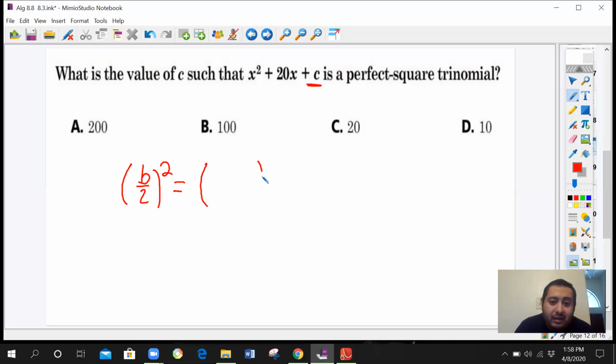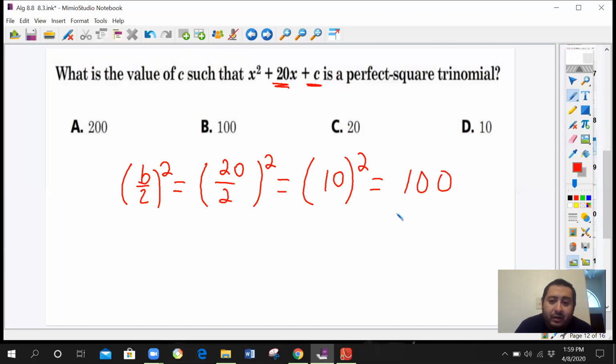Our b in this case is 20, divided by 2 and then squared. 20 divided by 2 is 10, squared gives you 100. So that 100 is going to be your C, which is letter B.